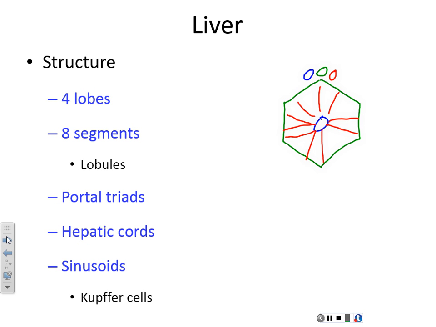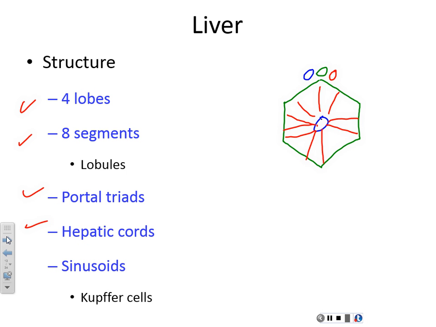So they mix to form the sinusoids, which join the central vein, and then the central veins join together to form the hepatic vein. The hepatic vein then joins the inferior vena cava, right? Going to the heart.